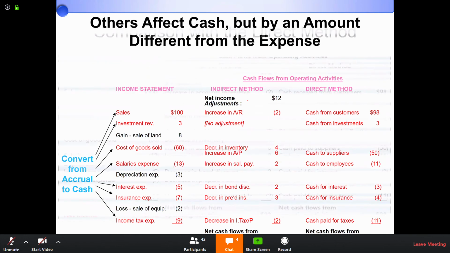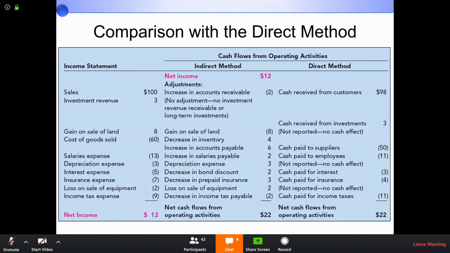So this is the indirect method, and if we add all 3 types of adjustment together, it will be like this. Again, this is the income statement, the accrual-based accounting, and the direct method here is the cash-based accounting. The indirect method is just in between, trying to explain the differences between these 2.